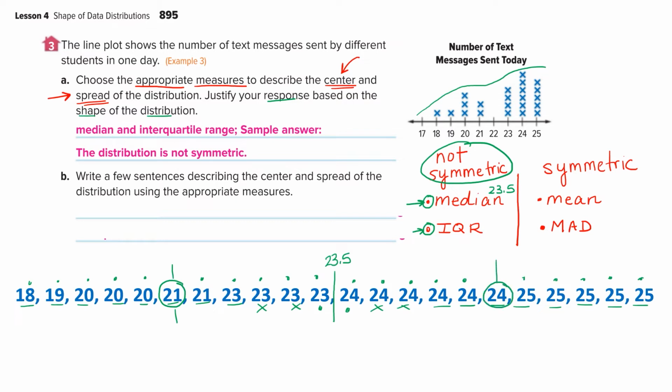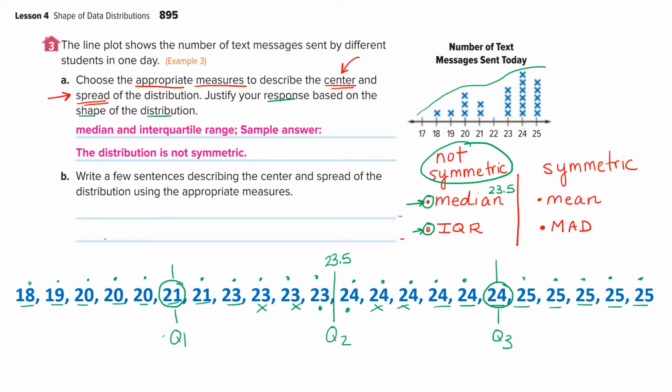And 24. $21 is quartile 1. Quartile 1. This is quartile 2, and this is quartile 3.